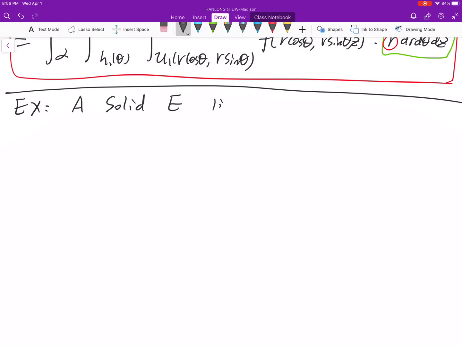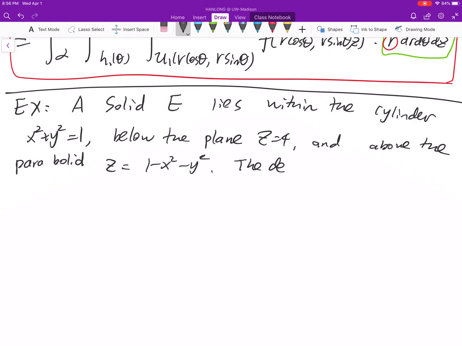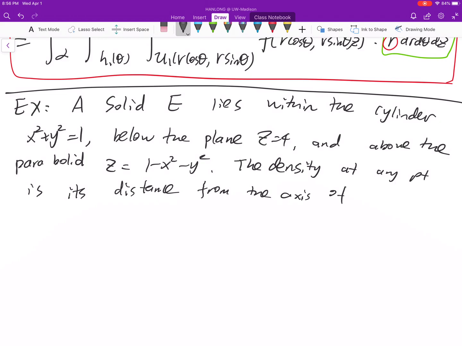A solid E lies within the cylinder x squared plus y squared equals 1, below the plane z equals 4, and above the paraboloid z equals 1 minus x squared minus y squared, and the density at any point is its distance from the axis of the cylinder. Find the total mass of E.